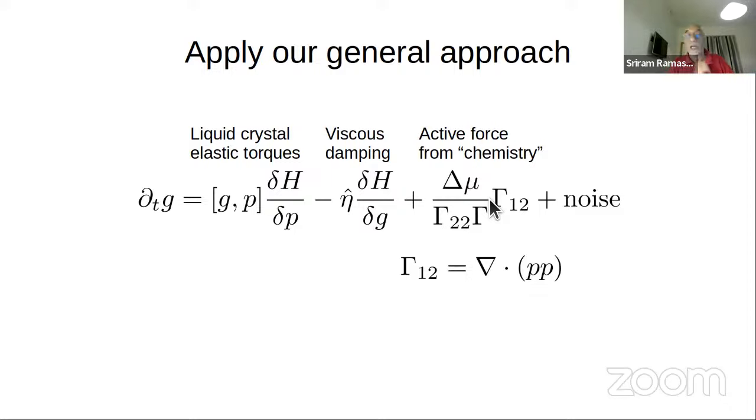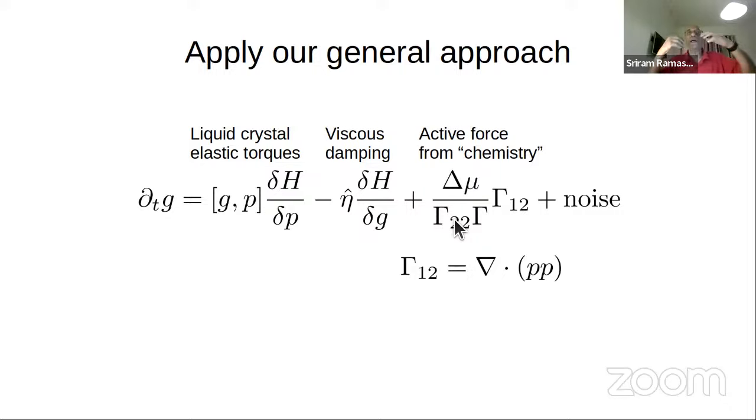And all the physics goes into the dependence of gamma 1, 2 on the slow variables that we've kept. There will be 2 kinds of terms entering there. One will be terms that are already available in the form of the equations of motion in the absence of activity. And the other will be terms which are still consistent with the spatial symmetries of the system. That is, this is an equation of motion for a vector field or a vector density, whatever. You will have here gamma 1, 2 contributions.